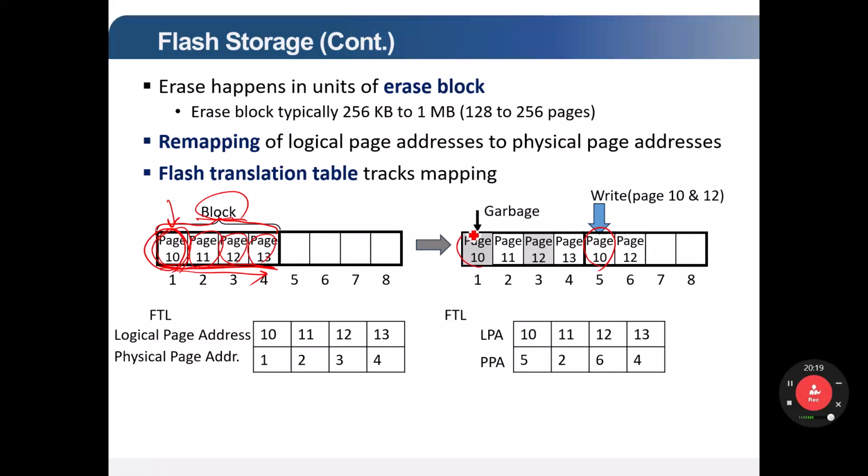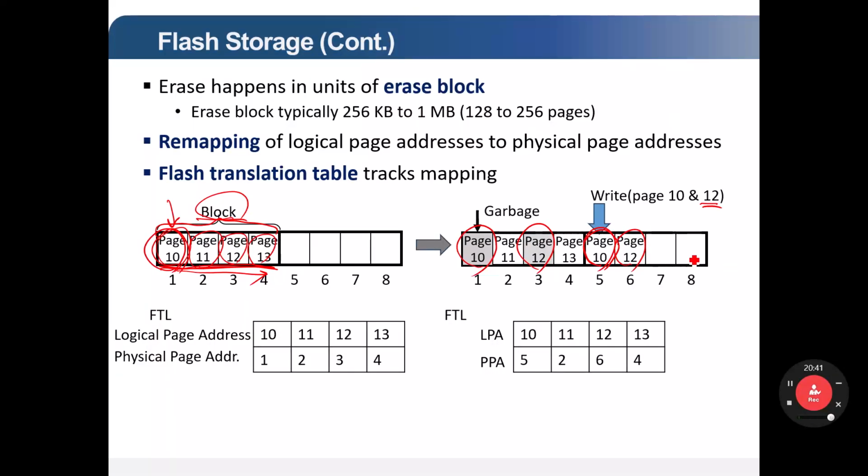So we mark the old page as garbage and write the new page number 10 in a new block. Similarly, if page 12 is updated, we write it in another block that has free space, and mark the old page number 12 as garbage.